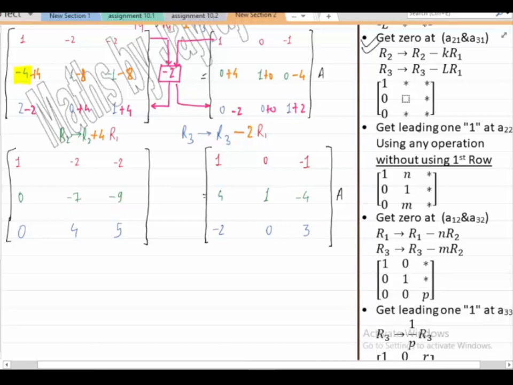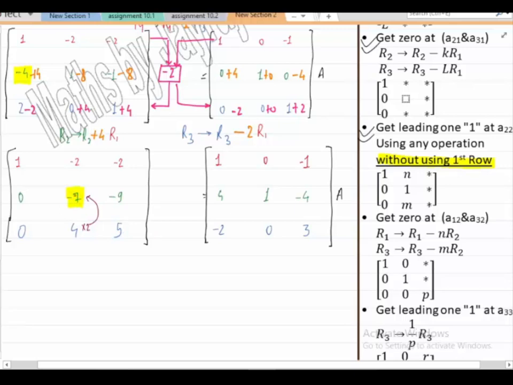Now we should move to the third step, in which we need to get a leading one at the A22 point without using the first row. We can't use the first row in this process. So it is preferable to multiply the third row and then add it into the second row, so we'll get a leading one at A22, right?